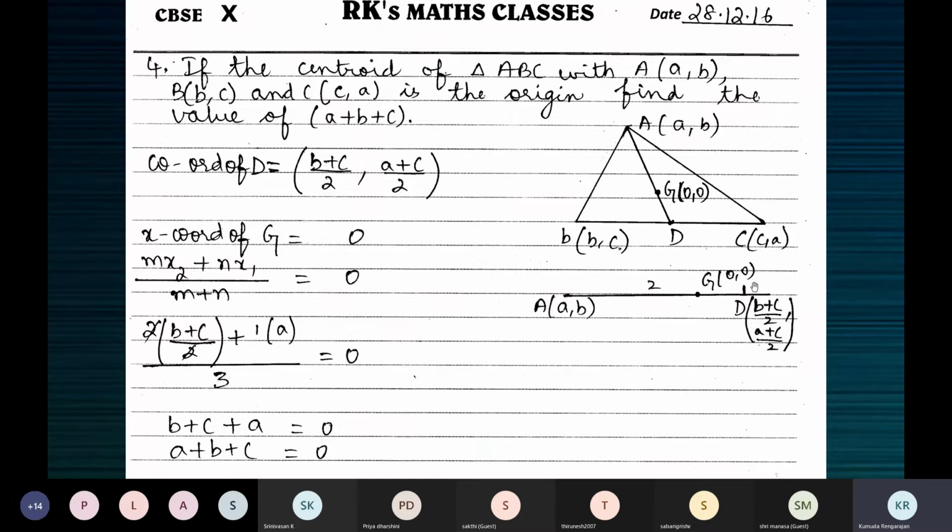This is the point D. G divides AD in the ratio 2:1, G is (0, 0). A is given by A comma B, D given by this, and G divides in 2:1.